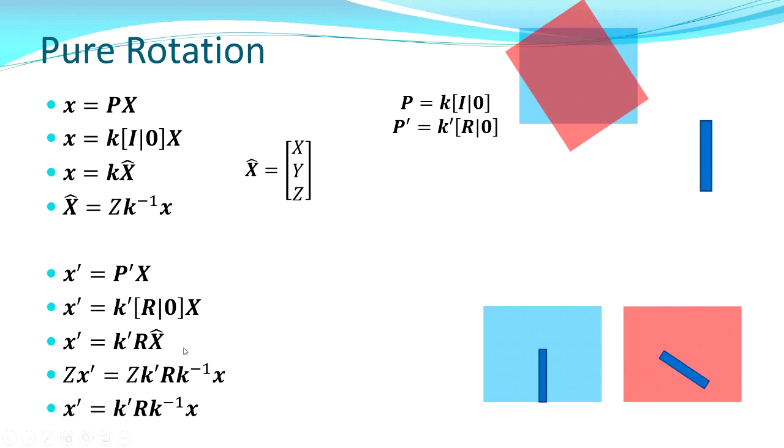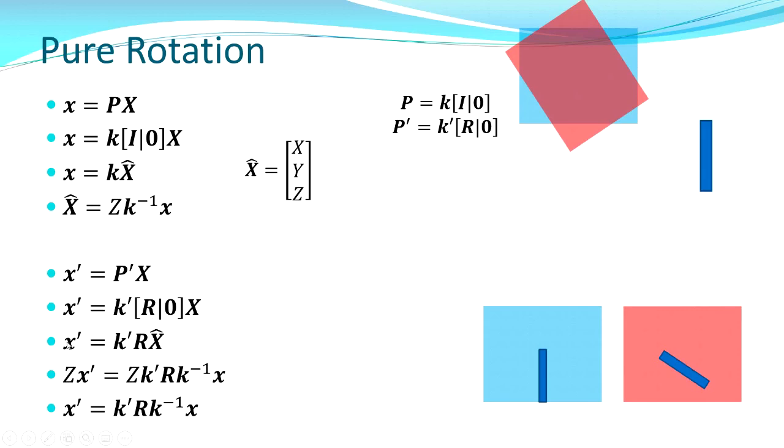It is quite similar to the earlier one, the difference is that instead of I there is R, that's it. Now just replacing this x cap with this equation, we get Z K dash R, and instead of x cap we have Z K inverse x. Because this Z is a scalar, you can just move it around anywhere you want.